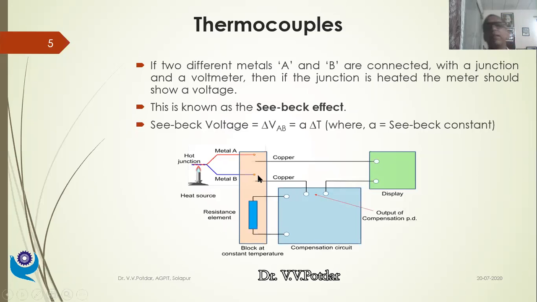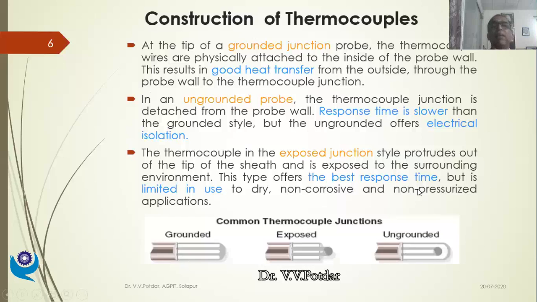Otherwise, these thermocouples will give me an analog voltage output to the tune of some microvolts, depending upon the delta T value. That continuous analog signal can be digitized by using an A to D converter, and I get a digital display of temperature. So this thermocouple is based on the Seebeck effect.